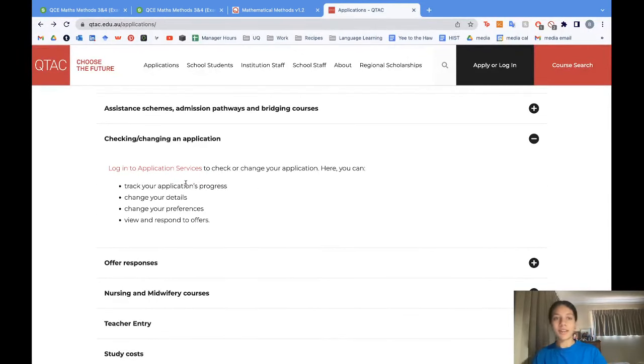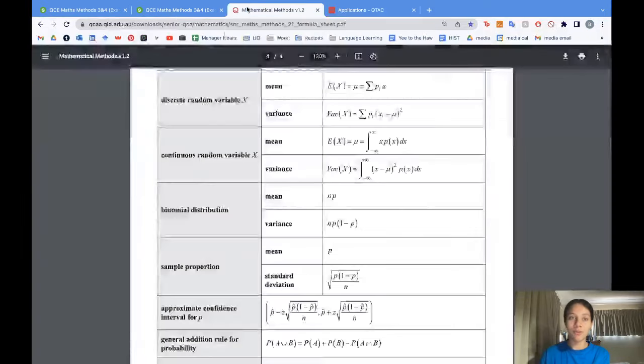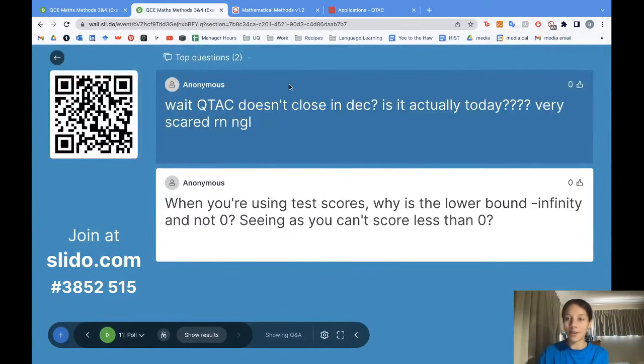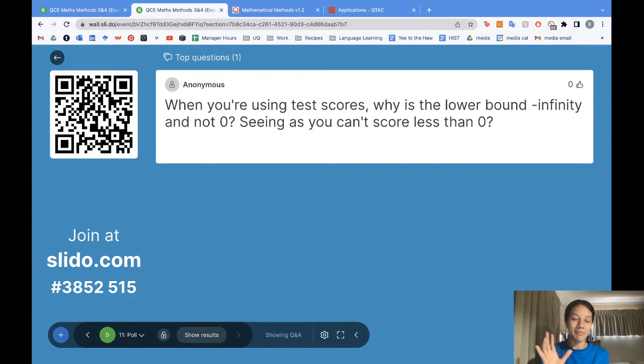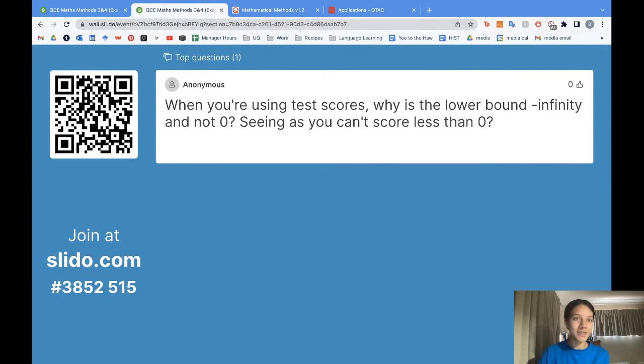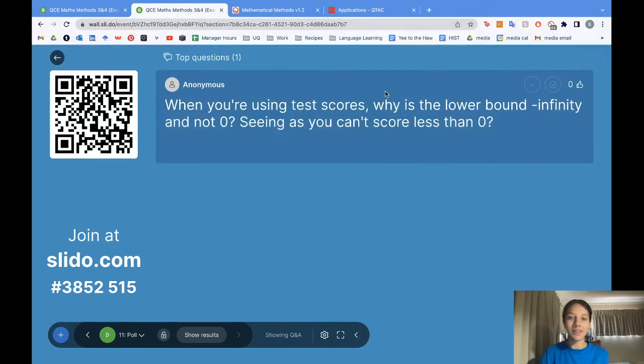Yeah, so as long as you lodge your QTAC application by today, that is the main thing. But you can change your preferences all the way up until December. So do not freak out. I apologize if I made you freak out a little bit, but you don't have to worry about the preferences. You can change those well leading up until December. So apologies for the confusion there.